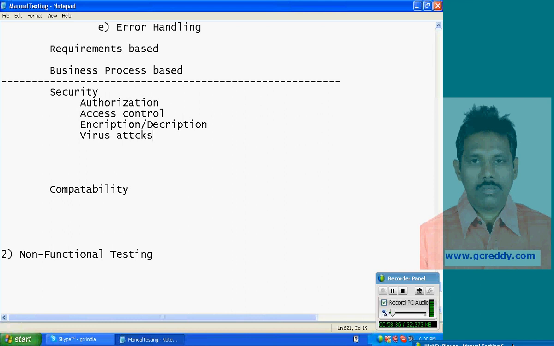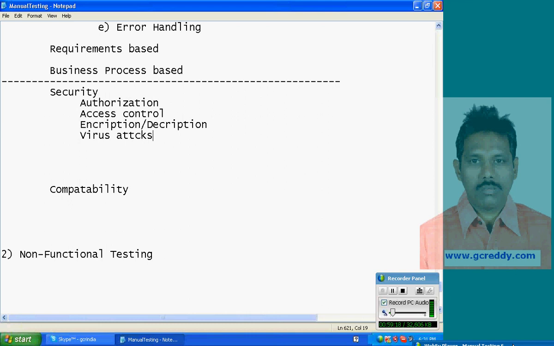Next, access control. Authorization is different, access control is different. Access control means providing services based on the privileges of the user. Suppose I'm a general user, I can access only some modules. Suppose I'm an admin user, I can access all modules.